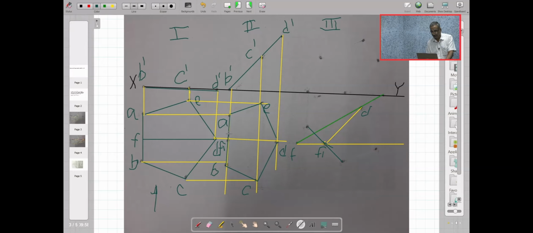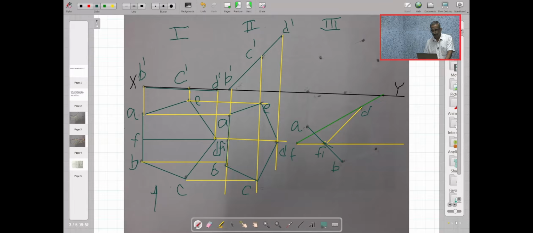Then you measure this length AF1. From F1 you measure, and you will get the point A here. From stage 2, measure this F1B, fix it from here, and you will get the point B.